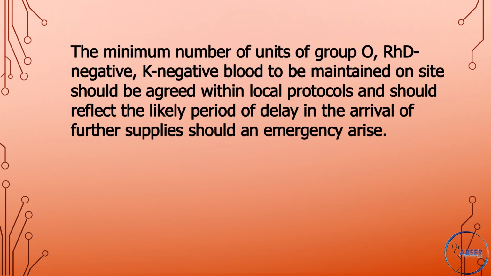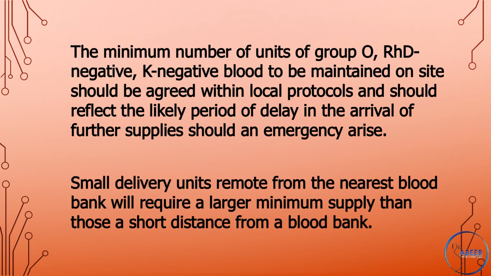The minimum number of units of Group O RHD negative, K negative blood to be maintained on site should be agreed within local protocols and should reflect the likely period of delay in the arrival of further supplies should an emergency arise. Small delivery units, remote from the nearest blood bank, will require a larger minimum supply than those a short distance from a blood bank.